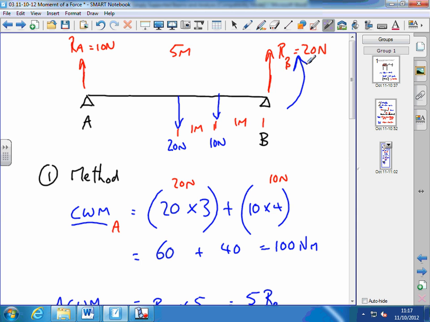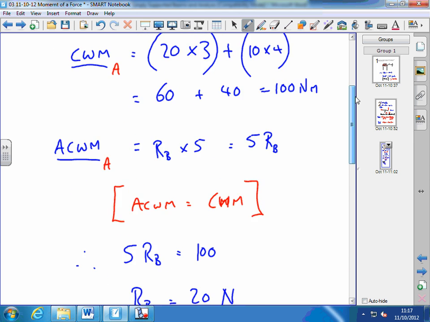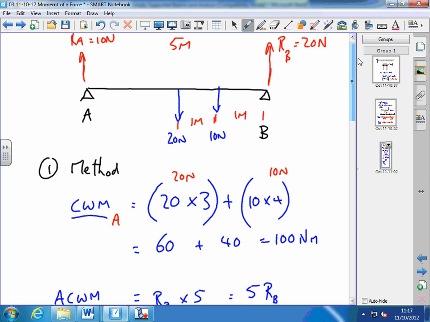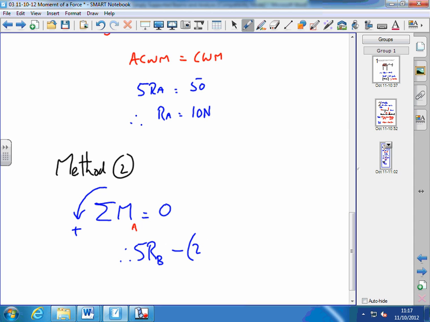So I'm going to say R at B times 5, so 5RB, minus, because now I'm going clockwise, 20 times 3 meters, minus 10 times 4 meters equals 0. So I'm doing the same problem, but I'm using a different approach.